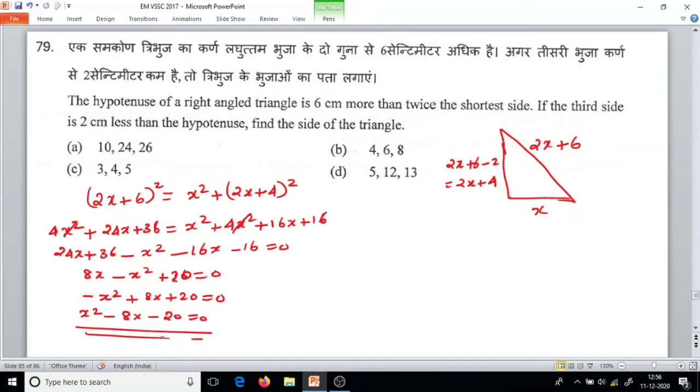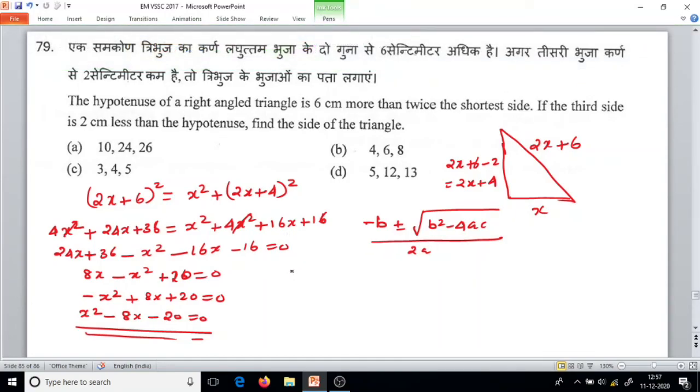We have to find the value of x. I am not able to factorize it, so I will go with the quadratic formula, that is x equals minus b plus or minus square root of b square minus 4ac, divided by 2a.